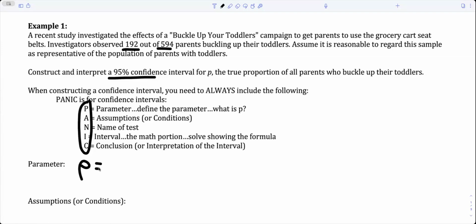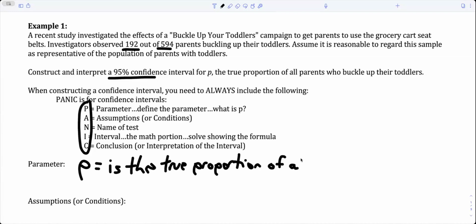So I have p is the true proportion of all parents who buckle up their toddlers.